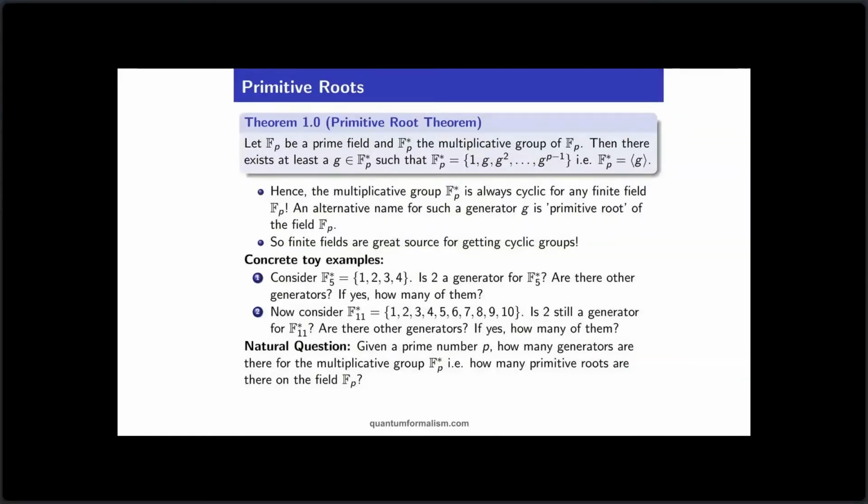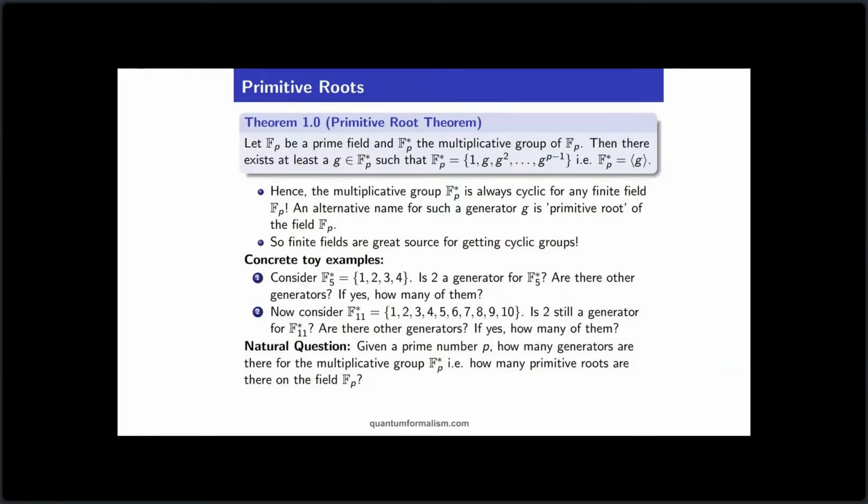Okay, that's a very good question. Dimitri is saying, isn't every element except one a generator? That's a very good question because this leads to a natural question. Given a prime number p, how many generators are there for the multiplicative group F_p star? Or if you wanted to be a number theorist, how many primitive roots are there on the field F_p? That's how you would phrase the same question.